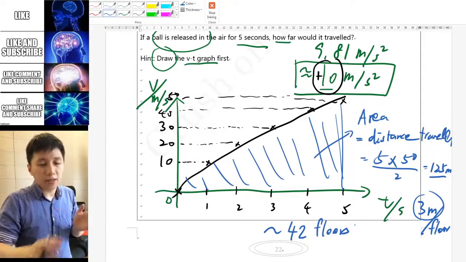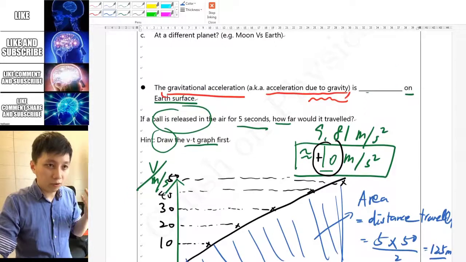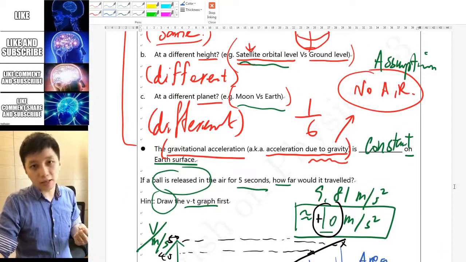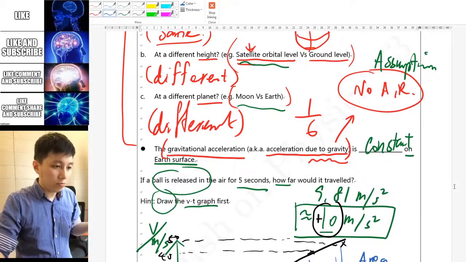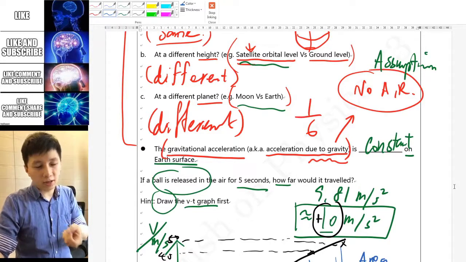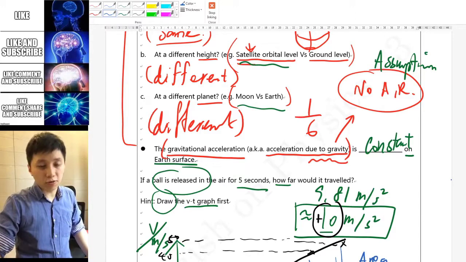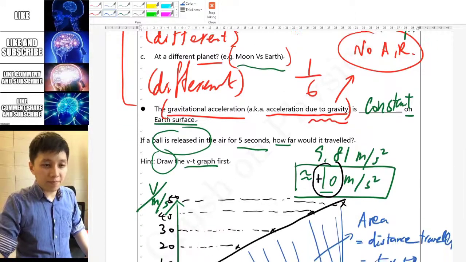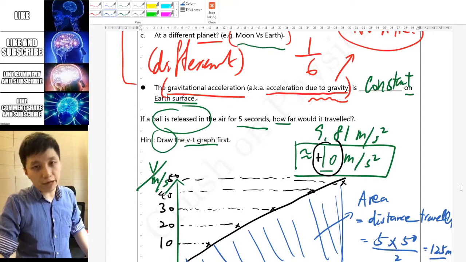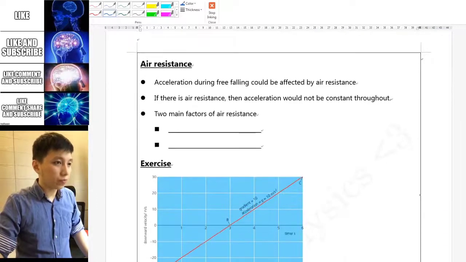However, this assumption was based on there being no air resistance. Most of the time, even if you throw a $1 coin down, of course I'm not encouraging you to do that, it would take more than 5 seconds because of the air resistance. Something that we will talk about next.